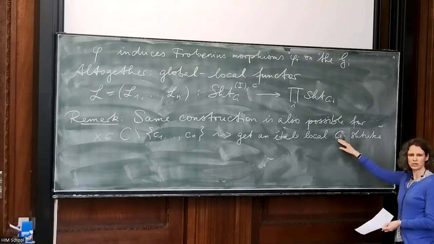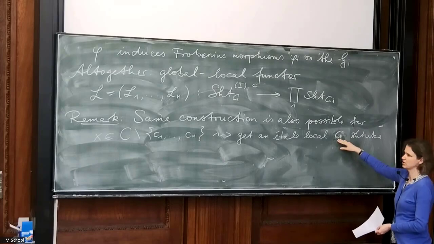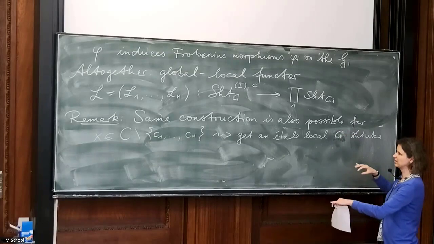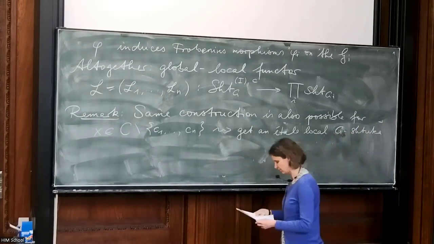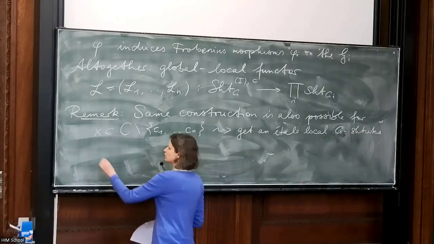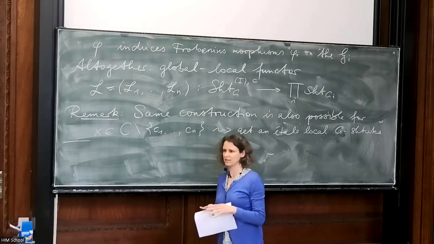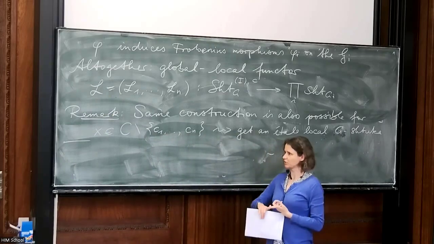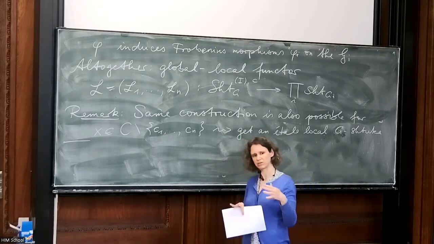This is sometimes useful if you want to define level structure for étale local G-Shtukas. Away from the legs, you can easily define level structure using this. But also in general, we can use this global-local functor now to define, in a rather ad hoc way, level structures and also bounds. Recall last time we had these bounds on the denominators.